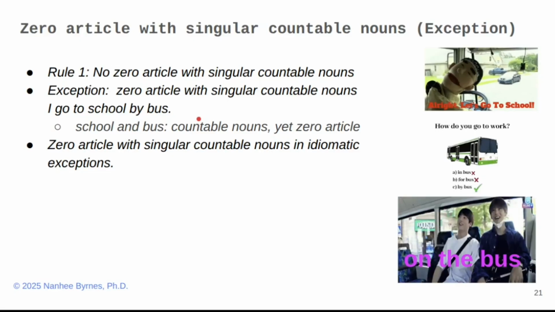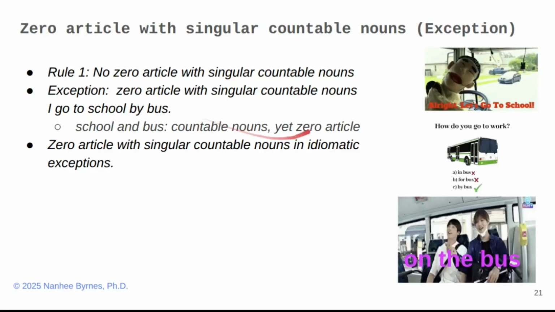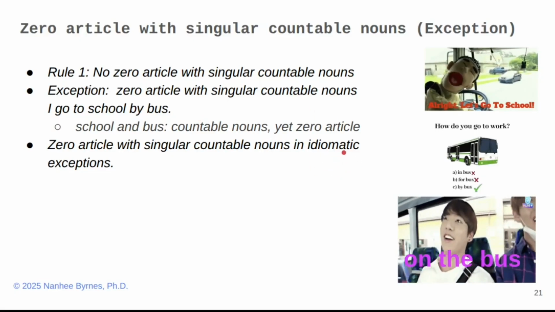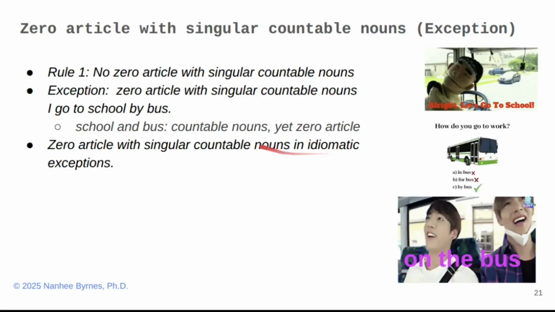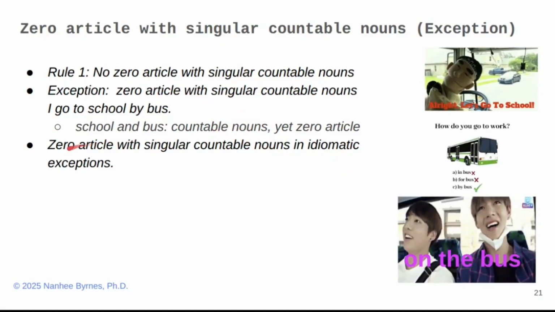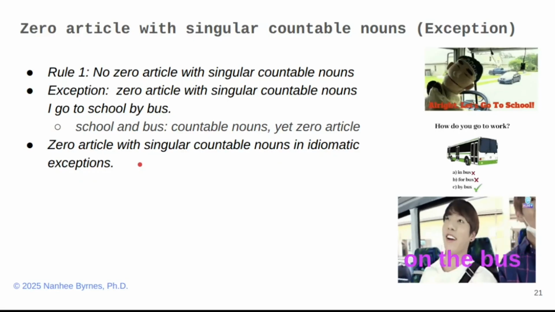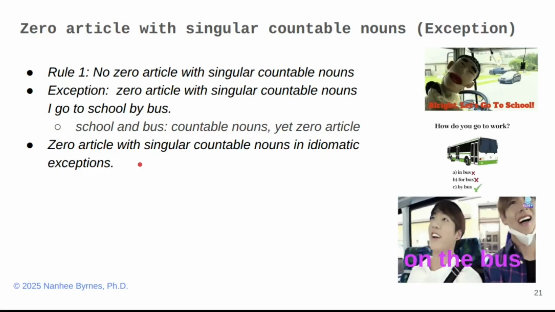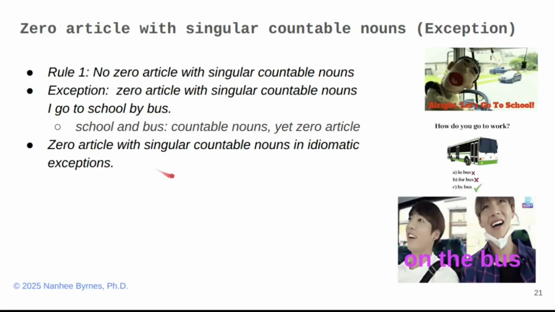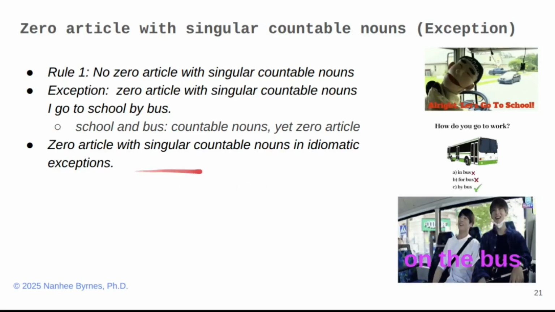Normally, singular countable nouns take a or an, but English has important idiomatic exceptions. In certain expressions, a singular countable noun does not take an article, even though it is grammatically countable. The reason is that in these cases, the noun doesn't refer to a specific object.